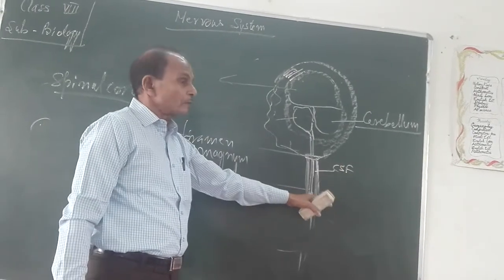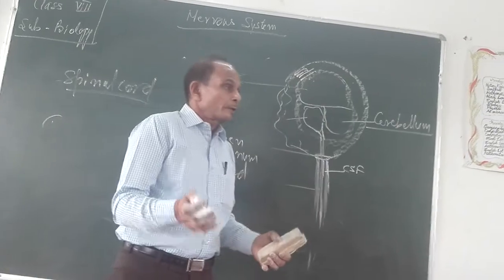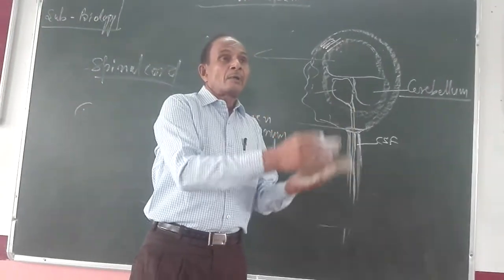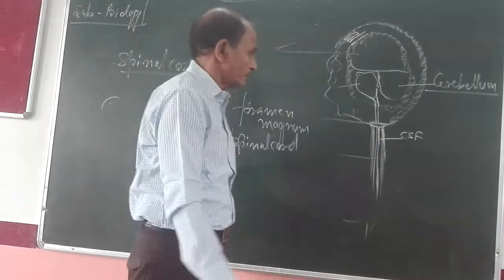The same function is performed here, that is protection as well as helping in the transfer of material from blood capillaries to spinal cord, and from spinal cord to blood.